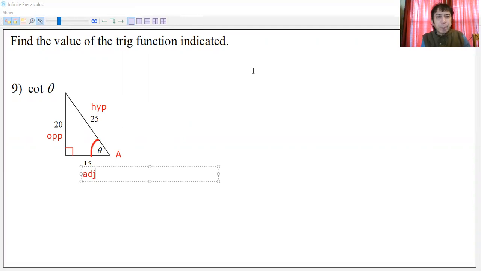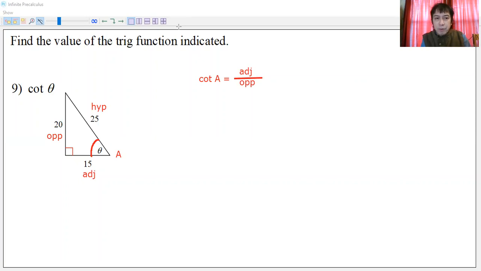Now, cotangent has the formula. Cotangent of angle A will have to be adjacent side divided by opposite. That's the formula. And so cotangent A is equal to 15 over 20.